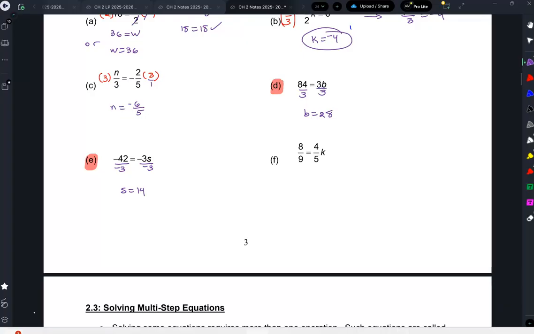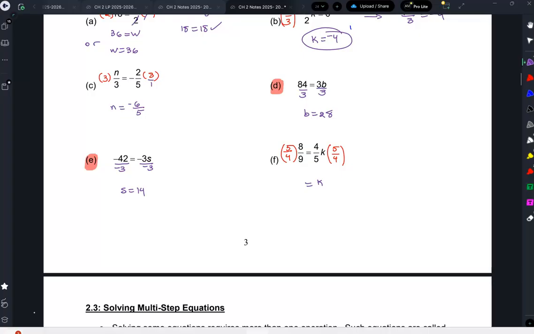Now here's another one of those examples. K times 4/5. Now k is being multiplied not by a number, not by an integer, but by a fraction. So to cancel this out, I need to multiply by the reciprocal of the fraction. So that will be 5/4. So here I get k. Okay, let's do this a different way.